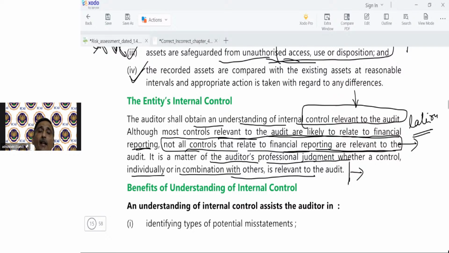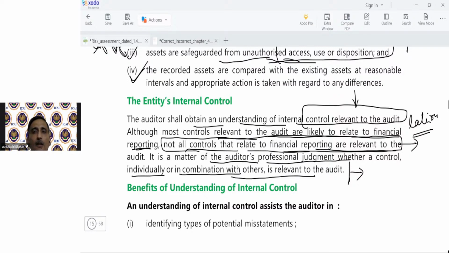Okay, so I tell you that a correct-incorrect question can be formed out of this. You may be asked in your exams: all internal controls operating in an organization are relevant for a financial statement audit.